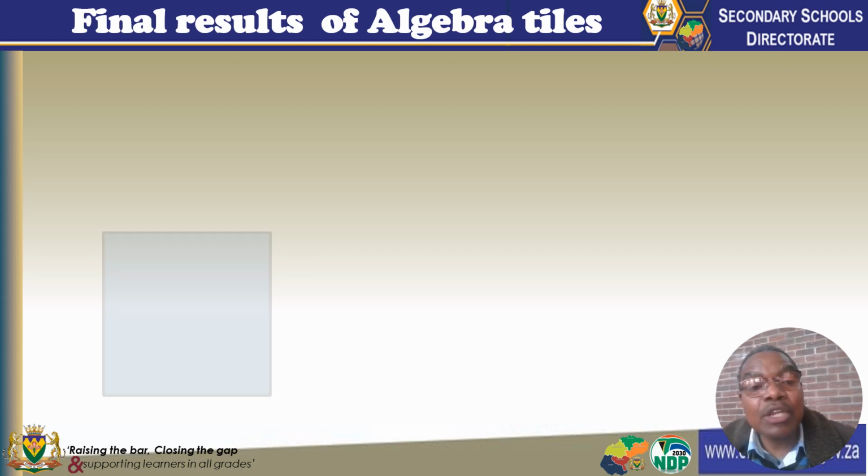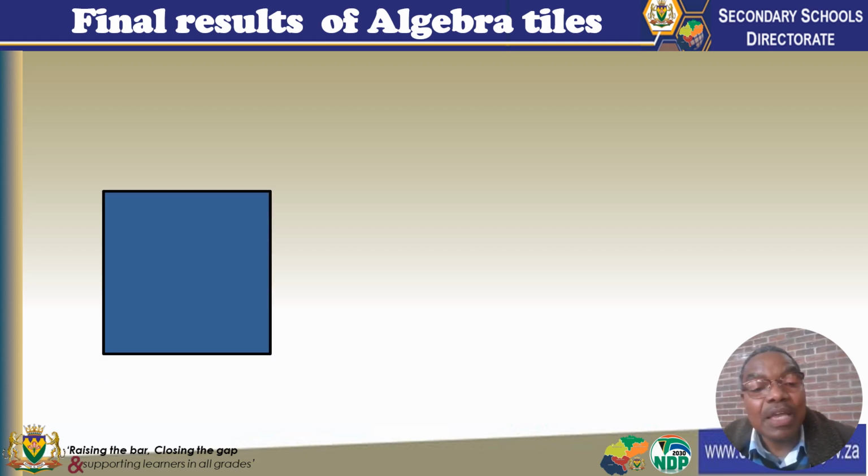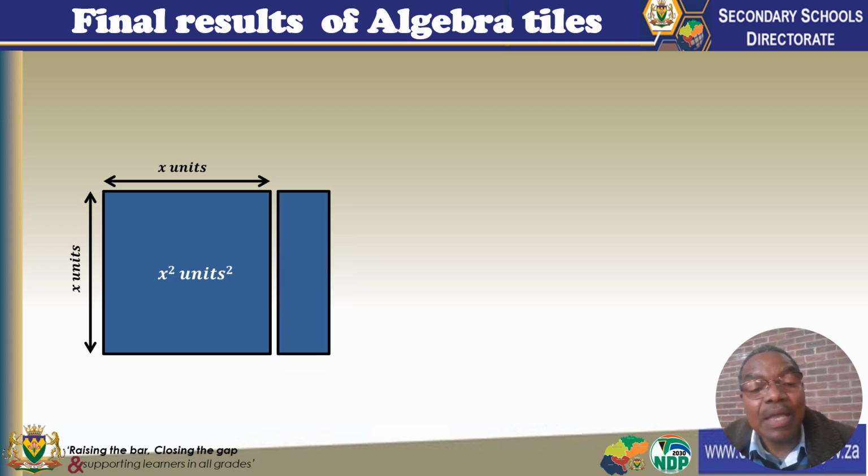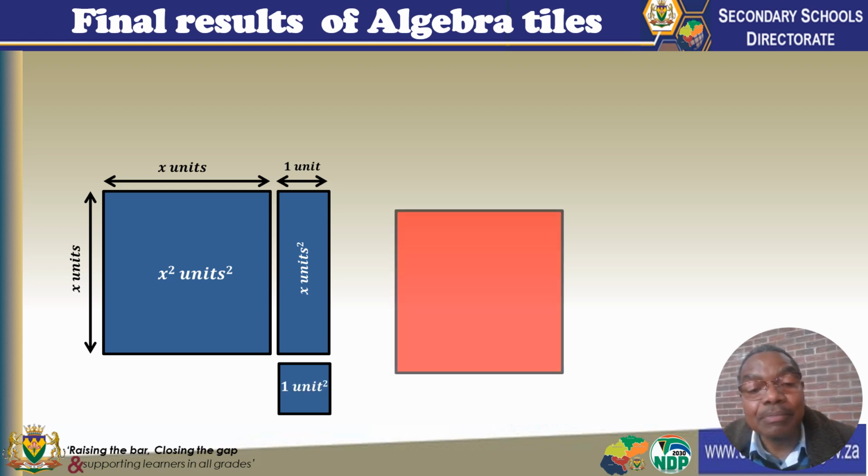So now at the end, we're going to have these results. The blue tile represents the square area. We have x units times x units give us x squared units. The rectangular tile represents 1 unit, and the other side is x units. The smaller tile represents 1 by 1, which is a small area, 1 square unit.